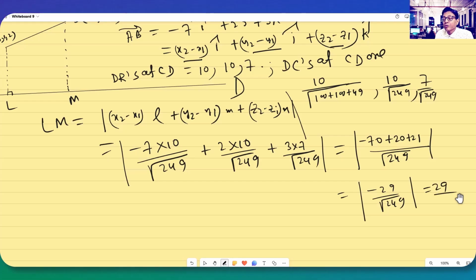So the answer is 29 by root 249 unit. This is the length of projection. So the formula you have learned, and you got one sum also where you can find the length of projection easily once you find the direction cosine of the line. Okay.